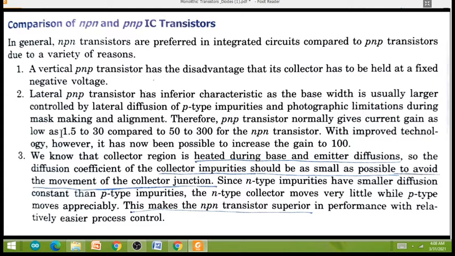If you look at the NPN and PNP comparison, this is the lateral and the other segment is your NPN transistor.